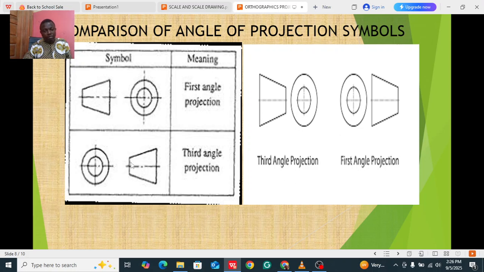But in third angle projection, the shortest length is the one that is close to the concentric circles, irrespective of how you arrange them, whether it's the circles you want to draw first or the trapezium you want to draw first. Just take note of it. The longest length of the trapezium is close to the concentric circles for first angle, while for third angle, the shortest length of the trapezium, also known as the apex, is close to the concentric circles. So that is the comparison between the two.